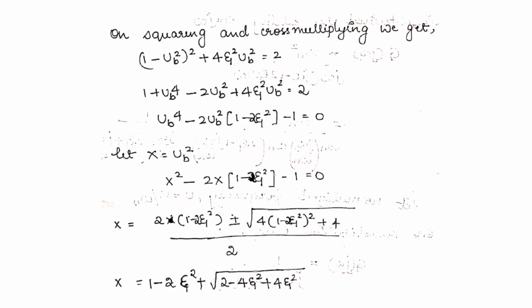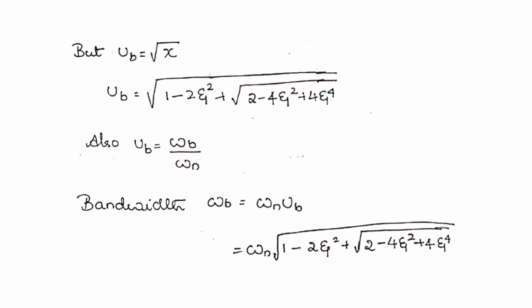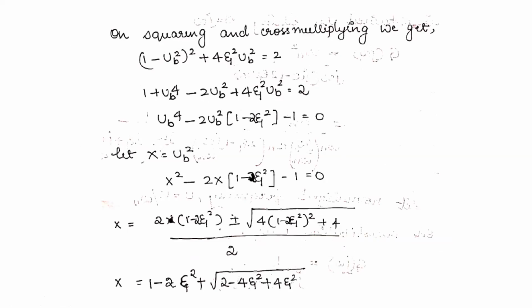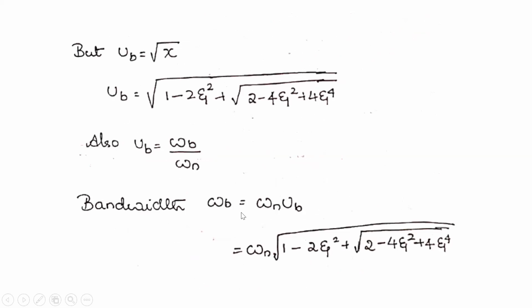Using that expression you find the value of x. You get this. Now if x is equal to ub square, then ub will be root of x. So ub is root of this x value. But what is ub? The normalized bandwidth.